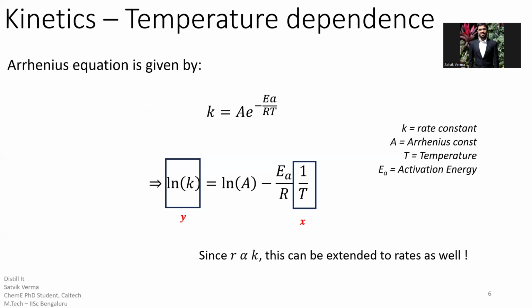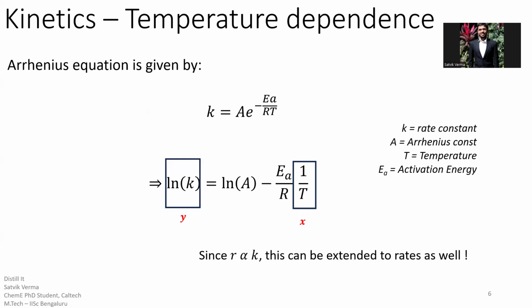So again, you can use those data points to evaluate the activation energy. Another thing that you could possibly do is calculate rate constants and the orders of the reactions from the concentration versus time data at different temperatures.